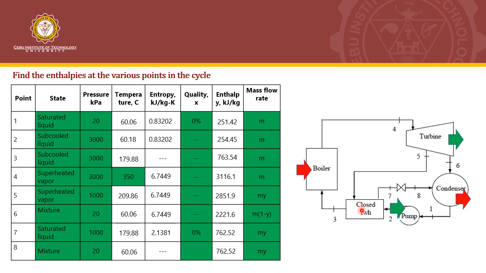You can also examine here that we do not use a pump to get rid of the liquid condensate, but we use a trap. You can also use the same when you design using the closed feed water heater. So no matter how many they are, the same process will work.